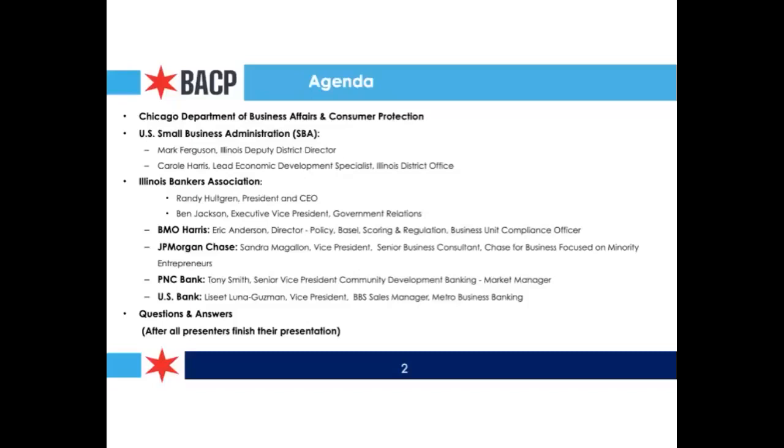So we have BMO Harris, JPMorgan Chase, PNC Bank, and U.S. Bank. Ben Jackson from the Illinois Bankers Association will be holding a bit of a panel from these different banks, and they're going to talk specifically about how to apply at their institutions. And then once all presenters are done with their presentations, we will have opportunity for questions.